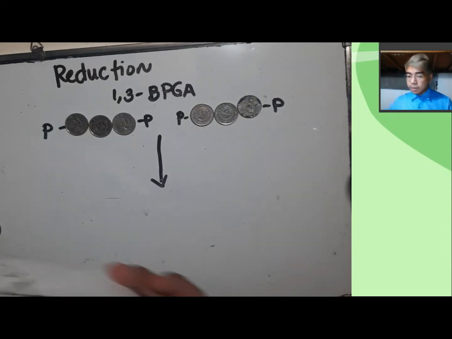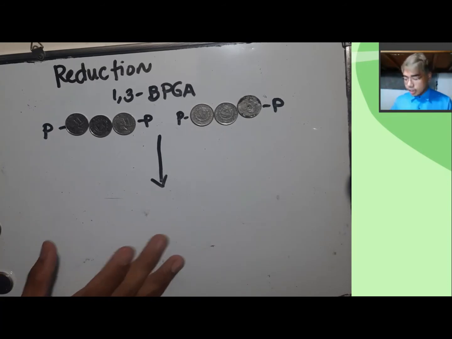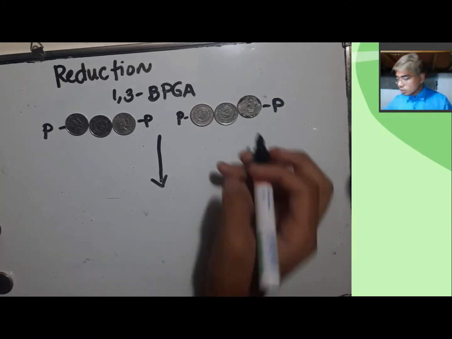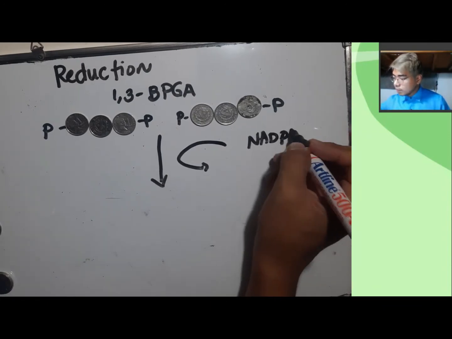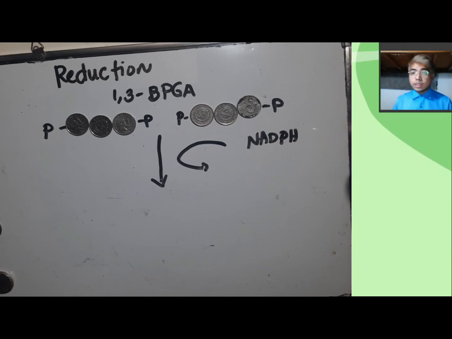Okay, after that, the 1,3-BPGA will interact with NADPH. Once again, where did this NADPH come from? It is from the light-dependent reaction. The NADPH will release hydrogen ions, the hydrogen ions that were produced in the light-dependent reaction.